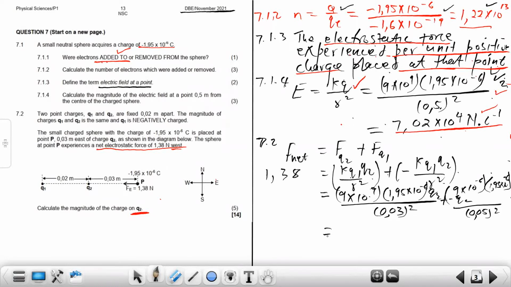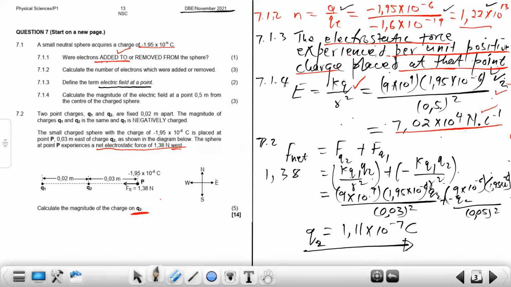Then you do your mathematics, you will eventually find Q2 as 1.1 multiplied by 10 to the negative 7 coulombs. That will be now your final answer.